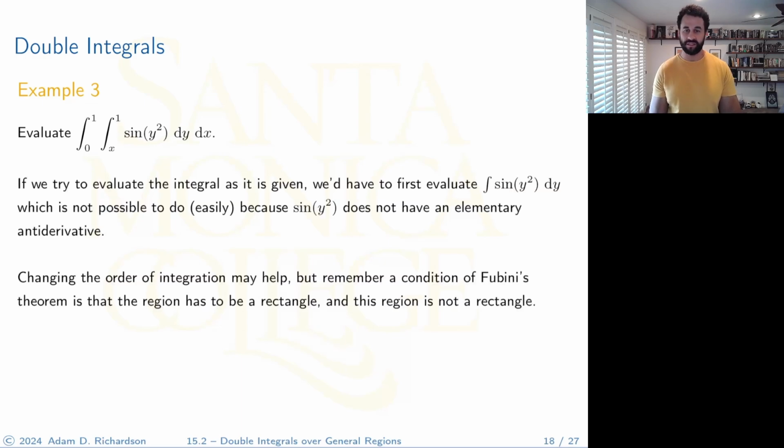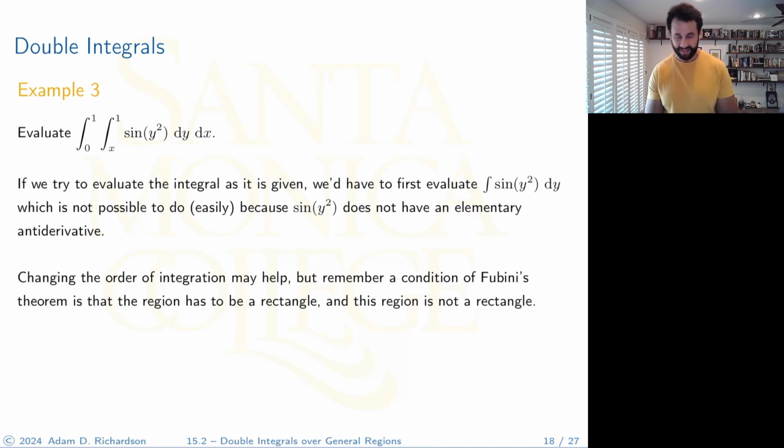That's actually because this function doesn't have an elementary antiderivative. So trying to integrate with respect to y first here is not impossible, but you have to basically use a Bessel function to do that first. So this is a situation where integrating with respect to y first would not be an optimal choice.